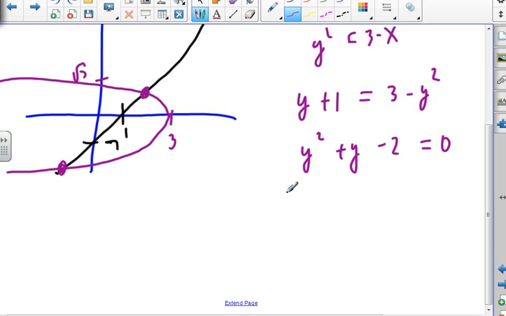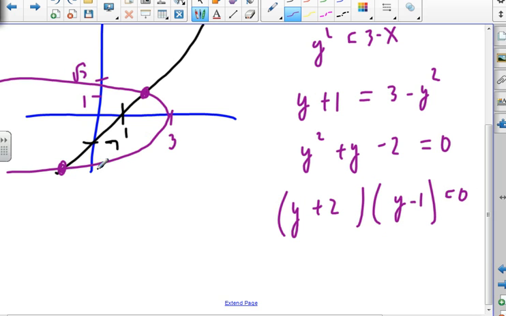And I'm going to factor that: y plus 2 times y minus 1 is equal to 0. So that happens when y is 1 and when y is minus 2. Okay, so that's where those 2 points are.